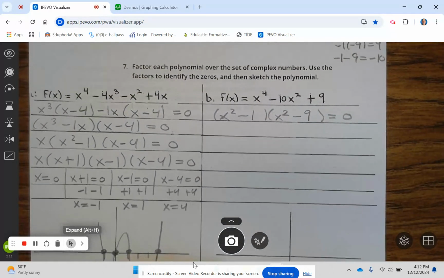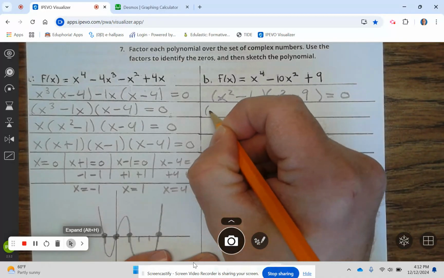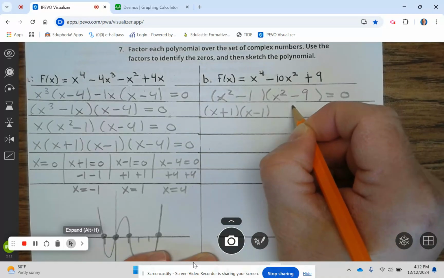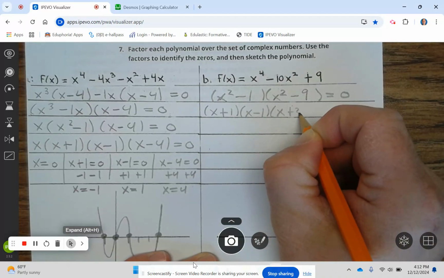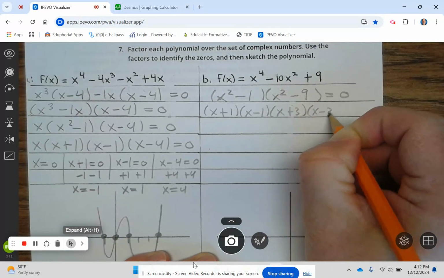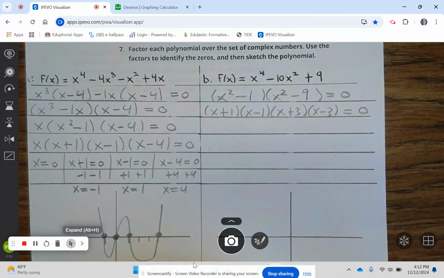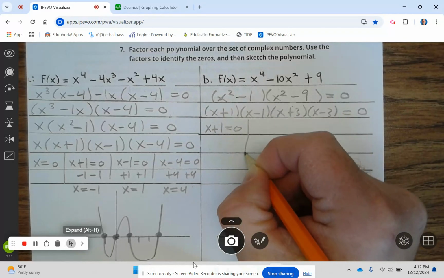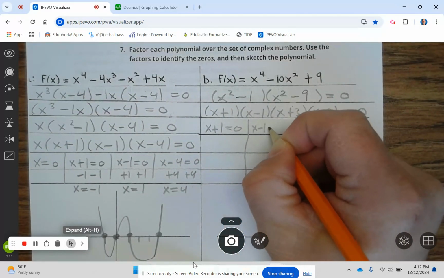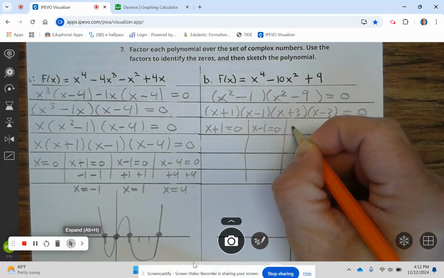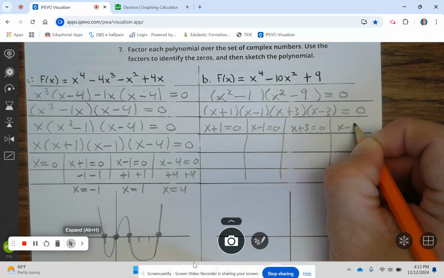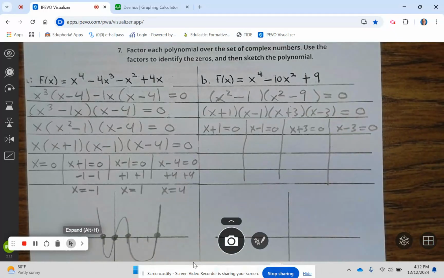Now, these are difference of squares, so that can be factored to be x plus 1, x minus 1, and difference of squares again, x plus 3, x minus 3 equal to 0. So x plus 1 equal to 0, x minus 1 equal to 0, x plus 3 equal to 0, and then x minus 3 equal to 0.